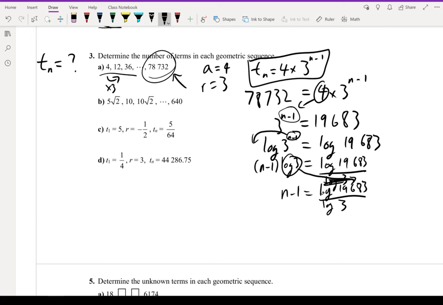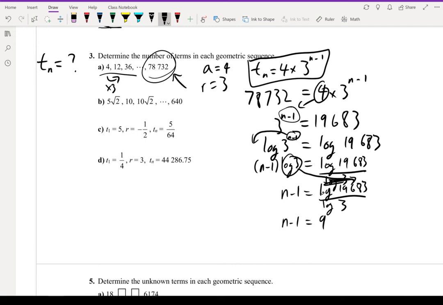Log of 19,683 divided by log of 3 is 9. So n minus 1 is equal to 9.